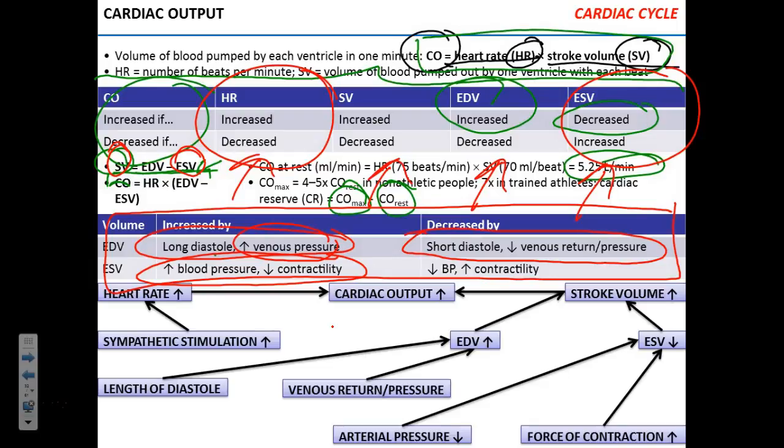Now, let me go over the flow chart. We'll take a break. The final point in this flow chart is cardiac output. I gave you the idea of how different factors increase cardiac output.